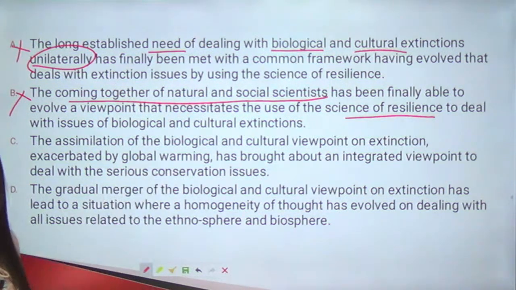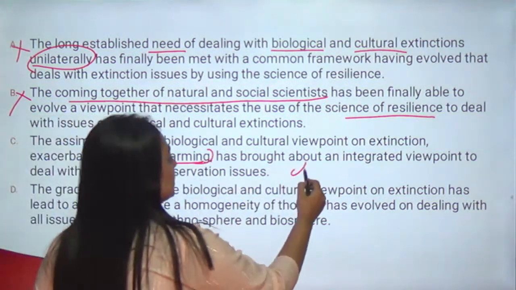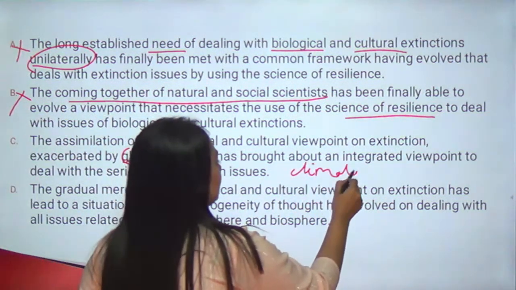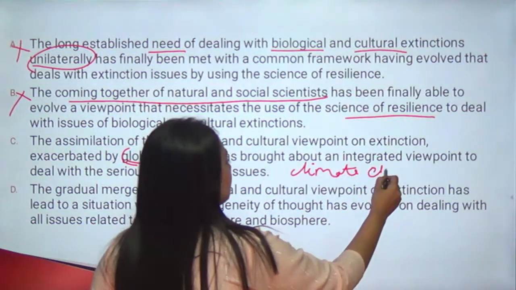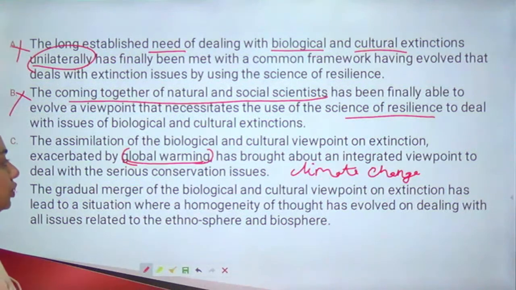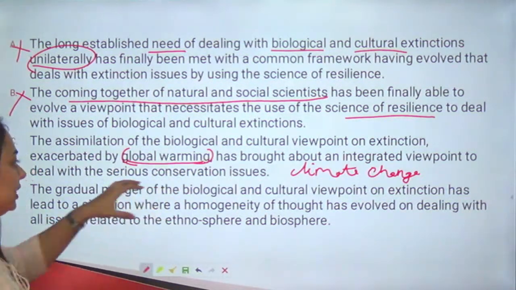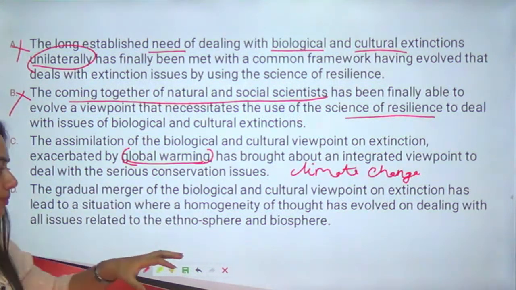Now this is what we call the right choice. So he's talked about this global warming aspect because climate change was something that was emphasized in the passage and no other option talked about it. So yes, it has finally brought in an integrated viewpoint to deal with these conservation issues.